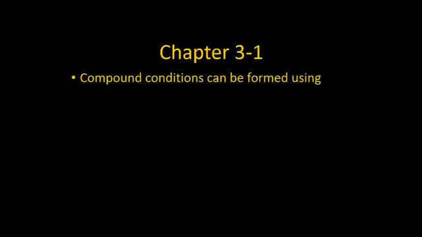So those compound conditions have 3 separate reserved words that we can use. The first one is AND, the second one is OR, and the last one, surprisingly, is NOT.